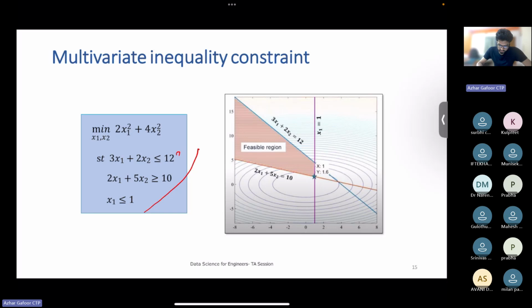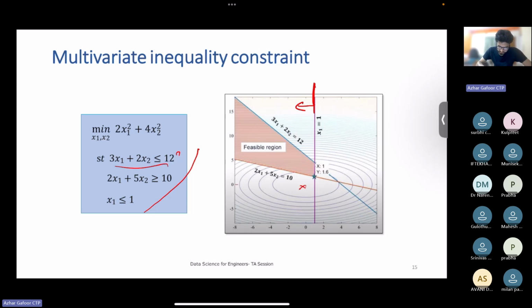We'll have x1 equal to 1 line, that is this line, x1 equal to 1. And if we put 0 here, x1 is less than 0, so the region will be somewhere to this side. Again, if we put 0, 0, 0, 0 is somewhere here.